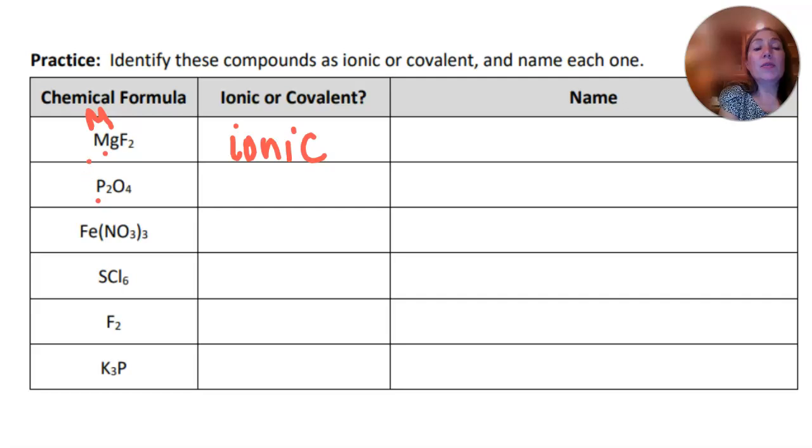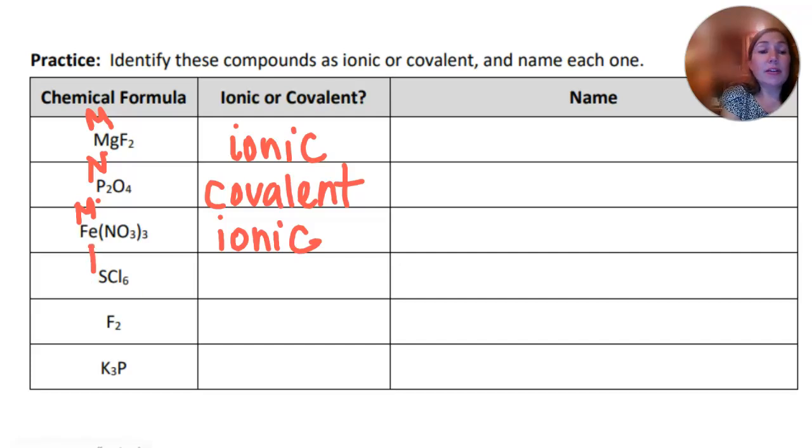P2O4. Well, phosphorus is a nonmetal, so this is going to be covalent. FeNO33. Well, iron is a metal, so this one's ionic. SCl6. Well, sulfur is a nonmetal, so this is covalent. F2.